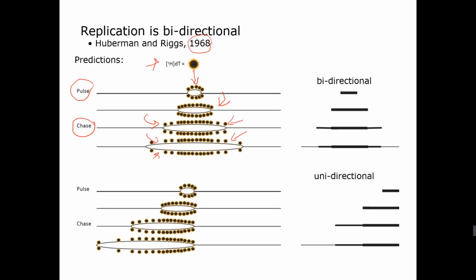these regions right here. So, the further and further away from where the replication started, you get this dilution that's occurring. So there's a little bit less labeling, less and less.